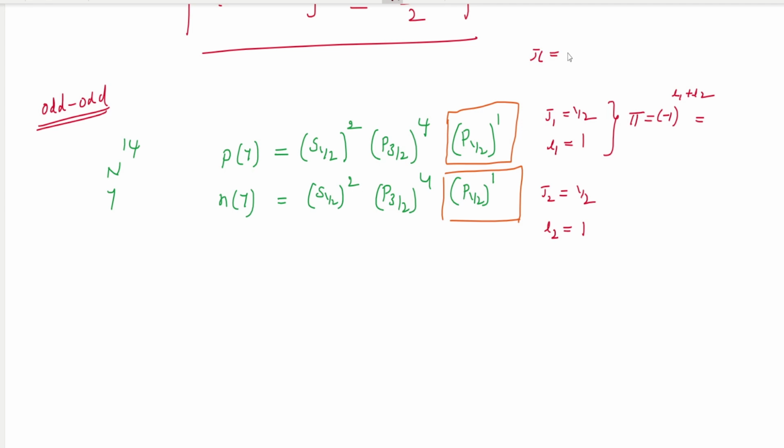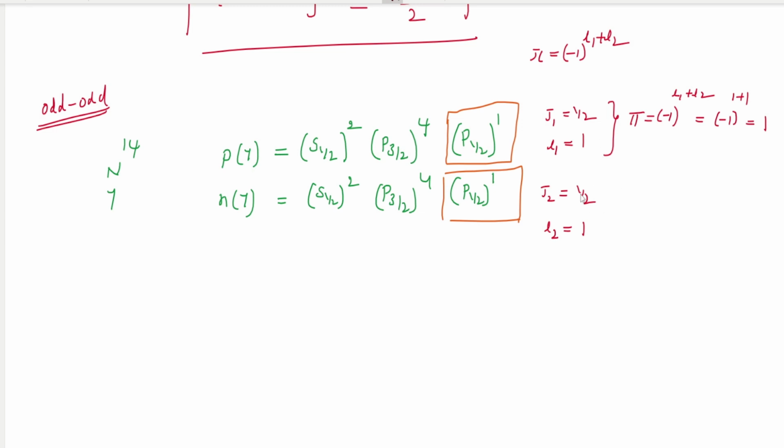Pi equal to minus 1 whole power L1 plus L2. Instead of L, we need to add the orbital angular momentum of the nucleus. Minus 1 whole power, this is 1 plus 1, because here 1 is here. So then we can get 1.